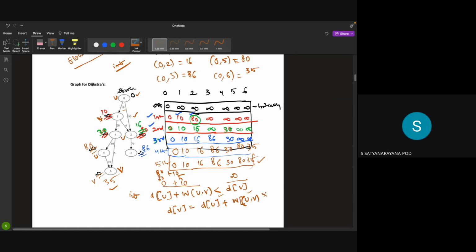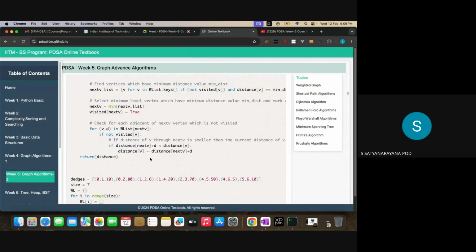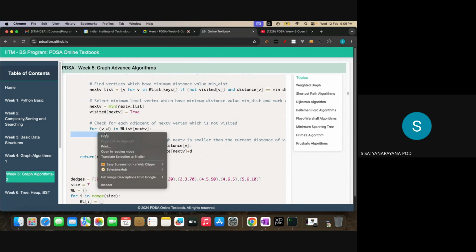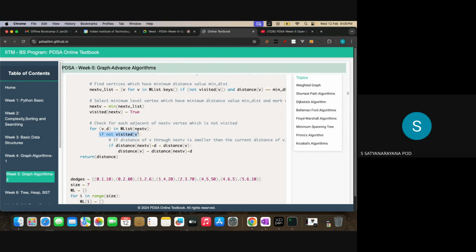So that is what the calculation they are doing here. Please look at here. If the particular vertex is not visited and they are checking a condition, what is this condition? Please check it. Here u and v, I said it, they said it is next to v. Maybe variable names they change, it is their own choice.